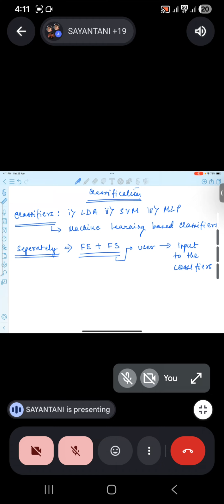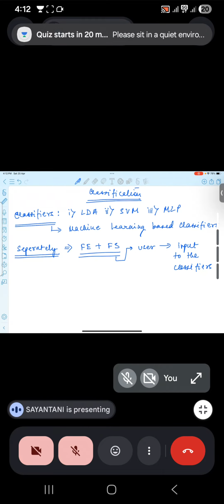Okay. So machine learning based classifiers, whenever you utilize them for any kind of real-time classification task, are very time consuming because you have to extract the features and, if necessary, select the features and feed that to the classifiers.